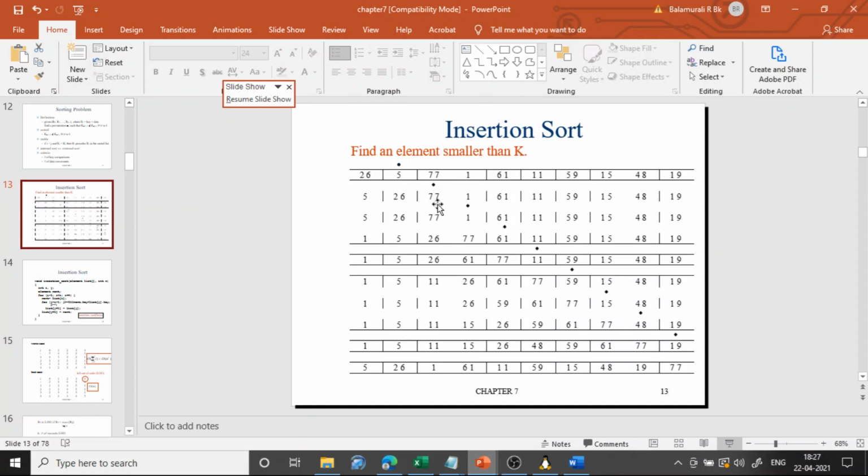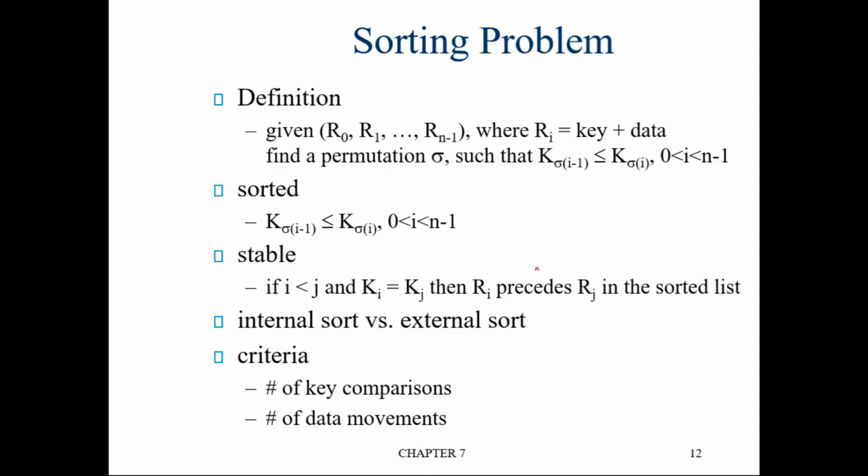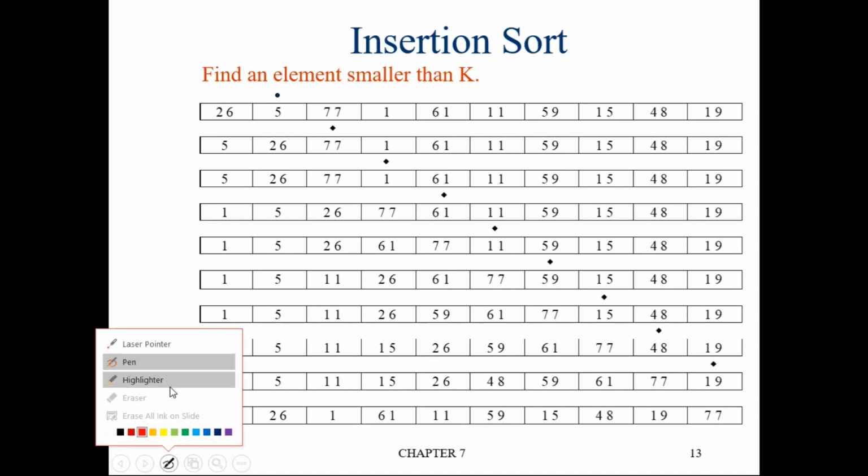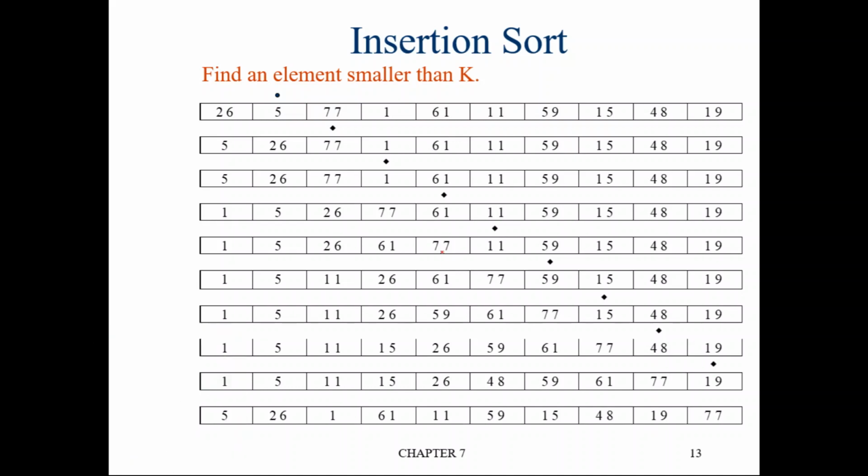Here also if you see this 17, 17 is compared with 26, 77. 77 is compared with 26, which is less than, so no issue.